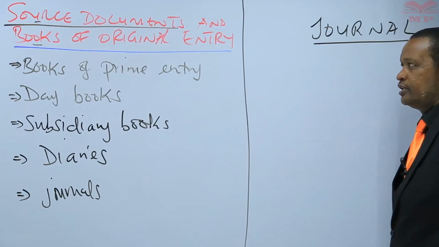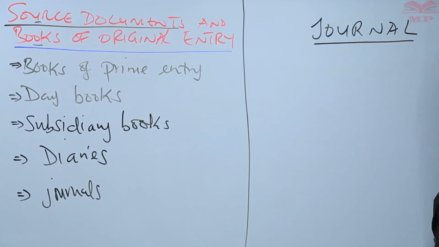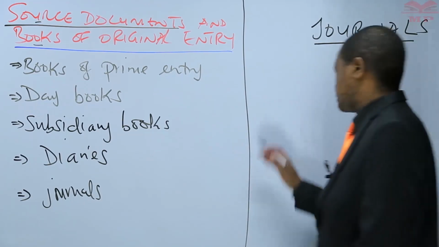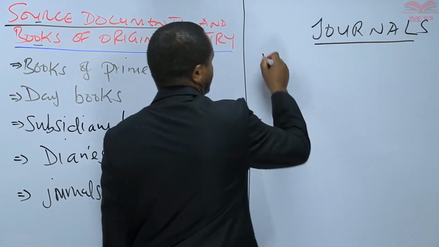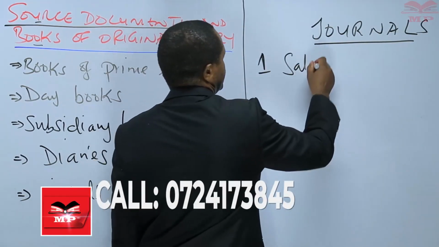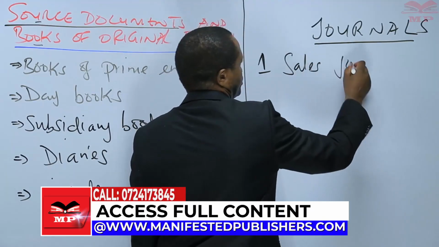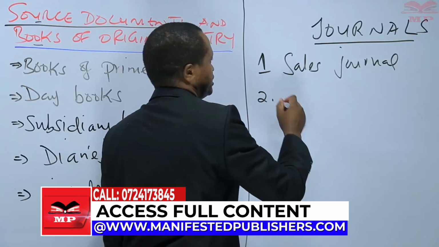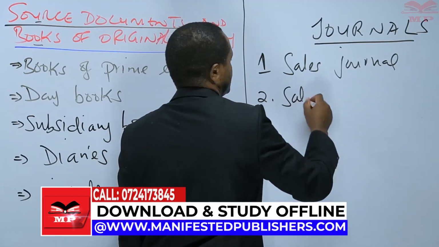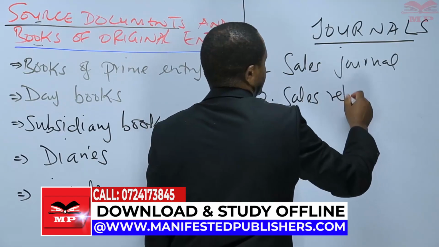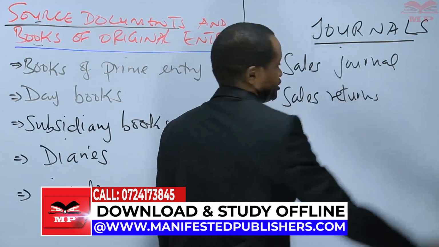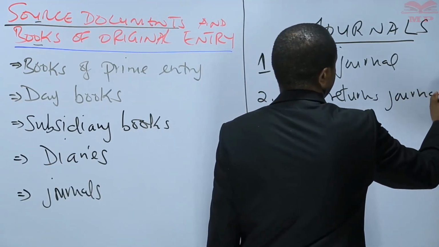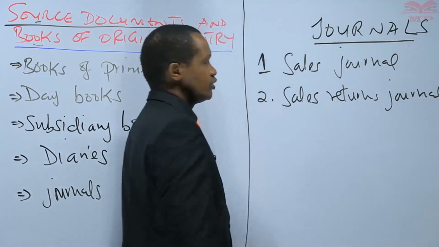There are many types of journals. One is the sales journal. Number two is the sales returns journal.